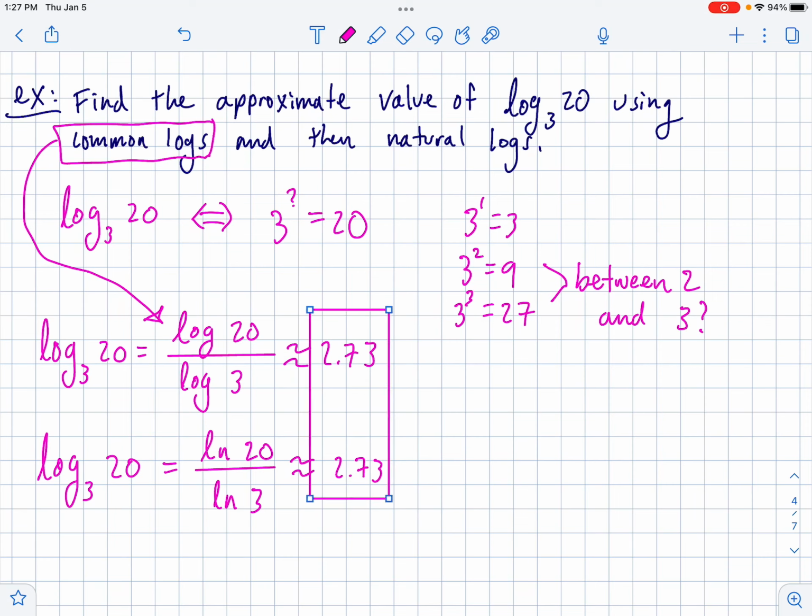They're both the same thing, 2.73. And then on your calculator, you could try 3 to the 2.73 and see what this equals. So 3 to the 2.73 is like 20.07. It's not an exact science because we're rounding a decimal, but to 2 decimal places, 2.73 is the approximation.